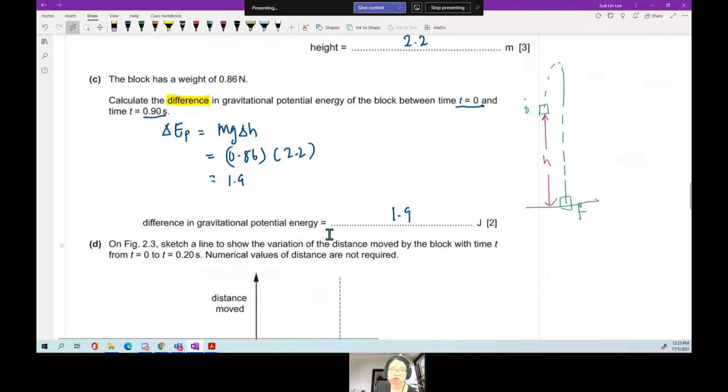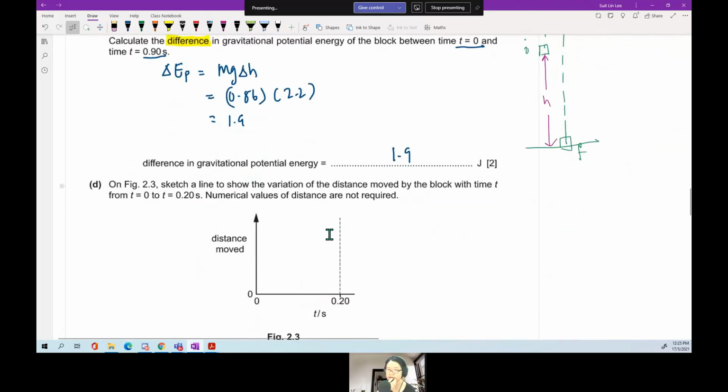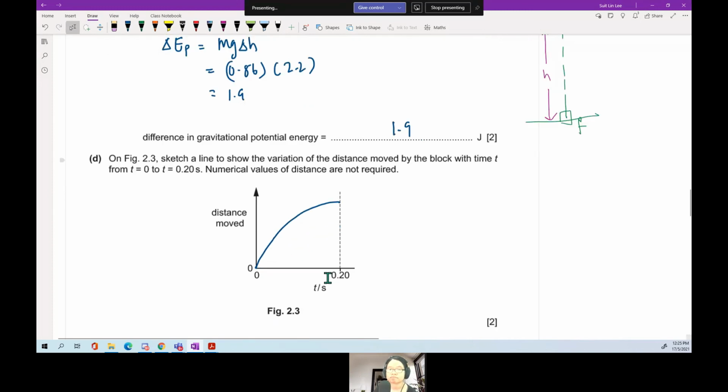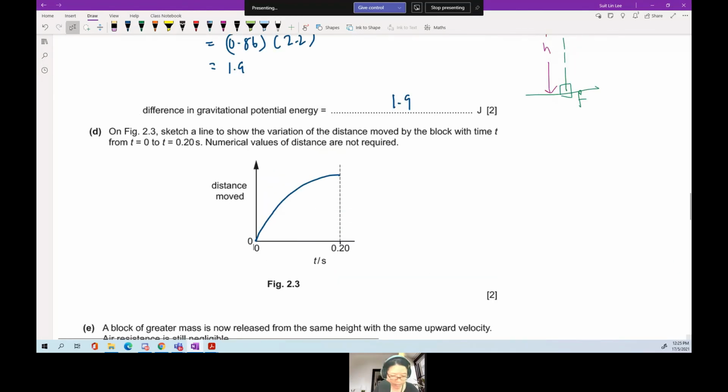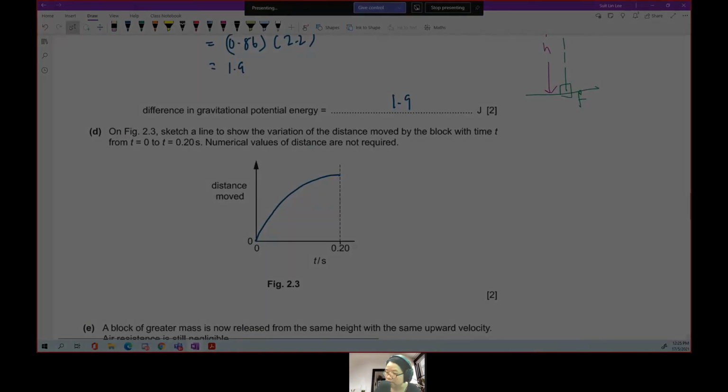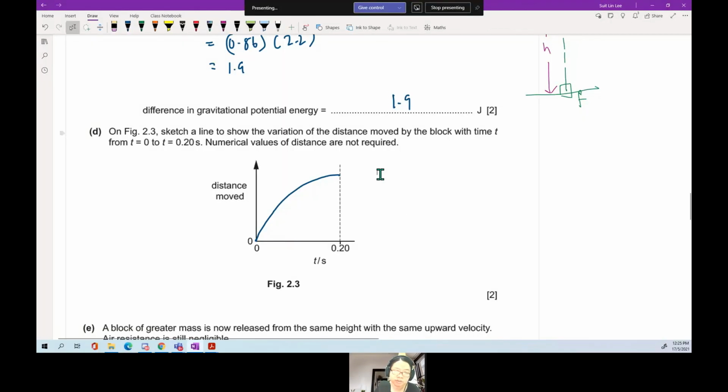So you should draw a graph of decreasing gradient. Okay, and then the gradient should be 0 here. That is the 2 marks. Okay, because at 0.20 is where it reaches the maximum position.